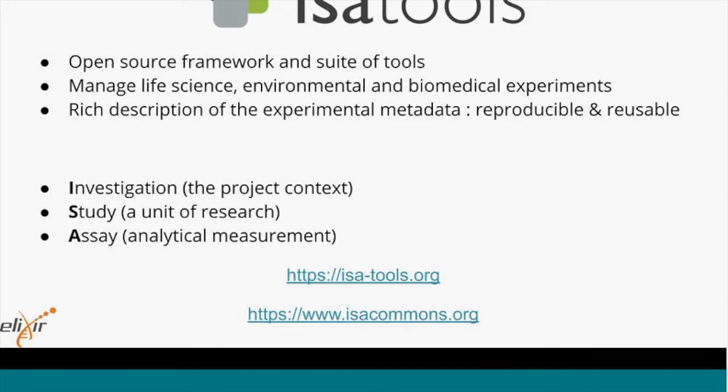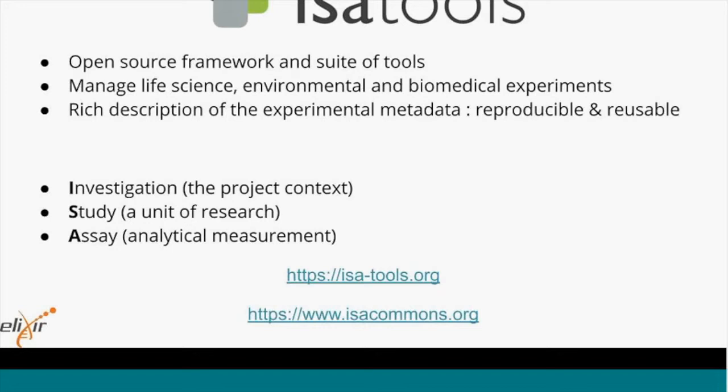In the plant community, ISA tools are often used to share data, and we wanted to take advantage of this existing community. ISA is an open source framework and an accompanying suite of tools to manage life science, environmental, and biomedical experiments, and is really focused on the description of metadata of experiments to make the data and the discoveries reproducible and reusable across domains.